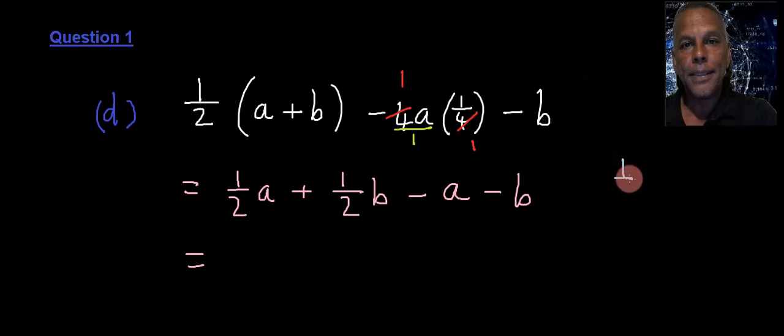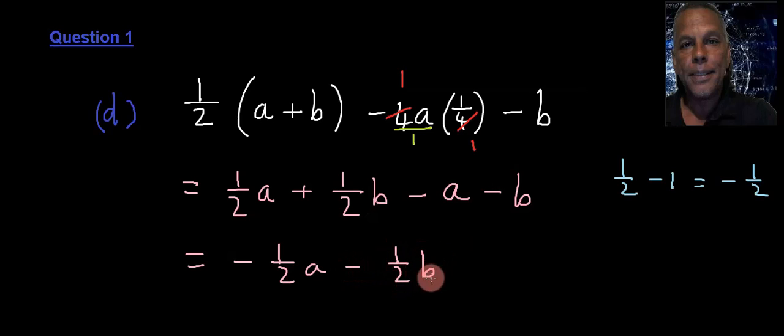So a half minus 1 is of course negative a half. And this one could do on the calculator. So then a half a minus 1a is negative a half a. And similarly, a half b minus 1b is negative a half b.